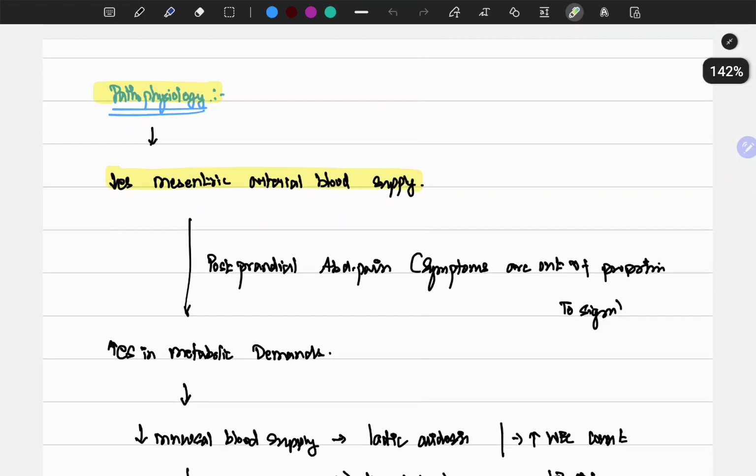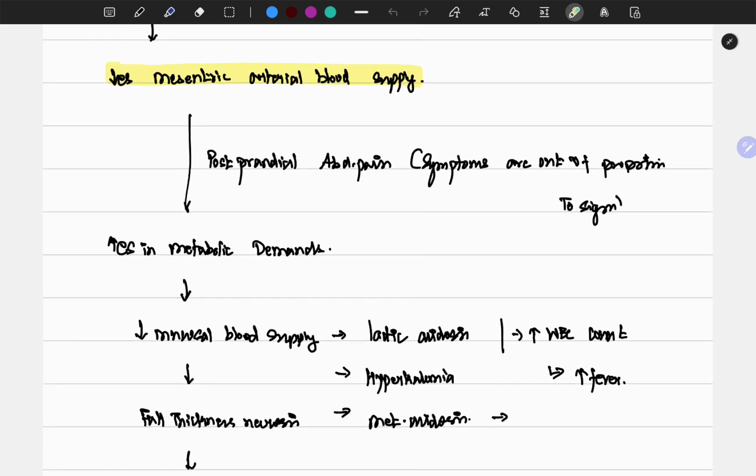So what pathophysiology happens? Decreased mesenteric arterial blood supply will lead to ischemia. So thereby postprandial abdominal pain occurs, and this is very important. Symptoms are out of proportion to signs.